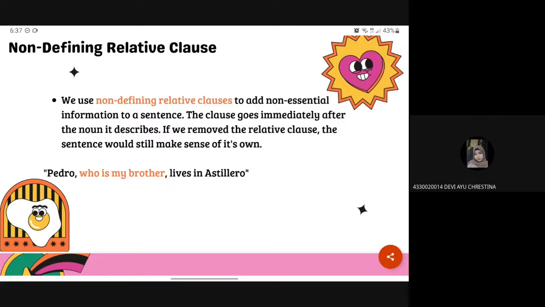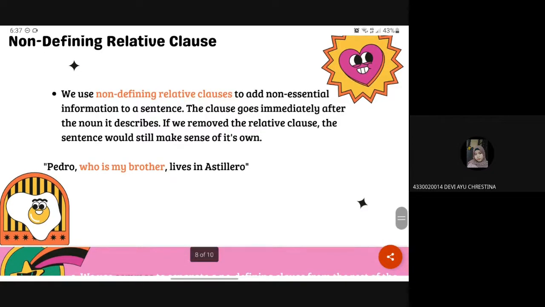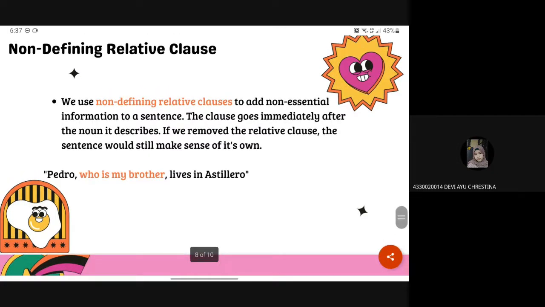For example, Pedro, who is my brother, lives in Seville. "Who is my brother" is not important in this sentence, so this is a non-defining relative clause.